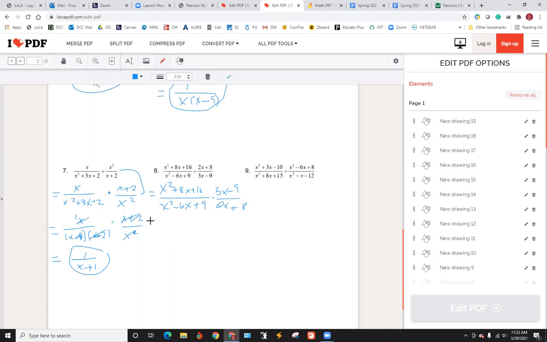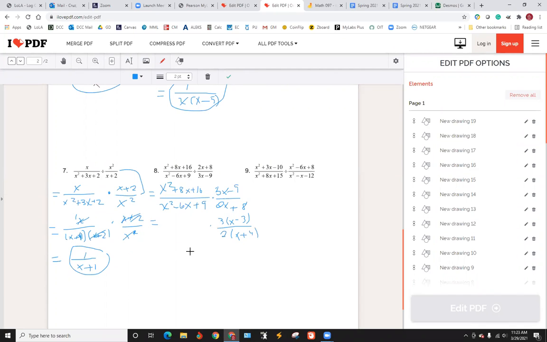All right, so I'm going to factor this side because that's just got a greatest common factor. Greatest common factor of 2 to the x plus 4. 2 goes into 2x, x times, 2 goes into 8 4 times.